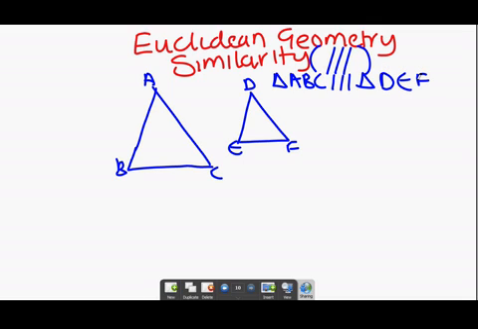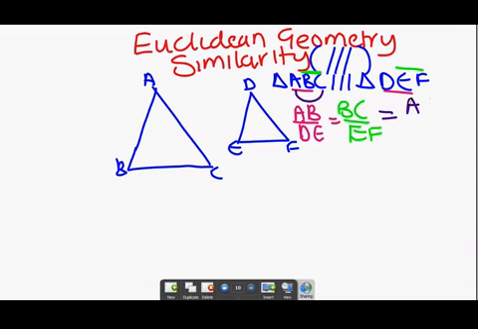What it clearly means is that side AB over side DE is going to be equal to side BC over EF, and it's also going to be equal to side AC over side DF.